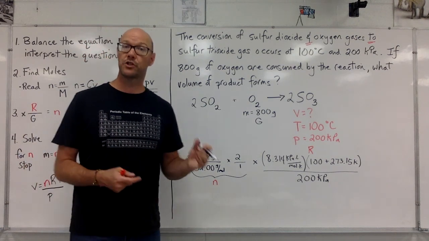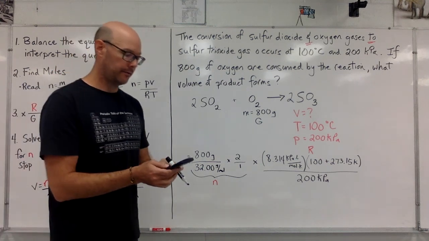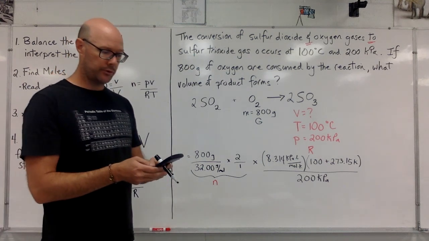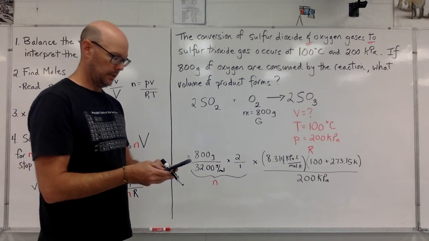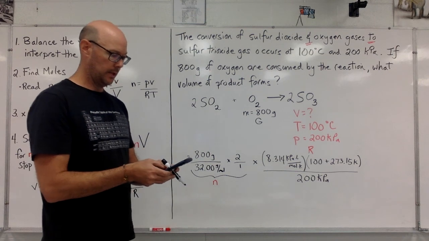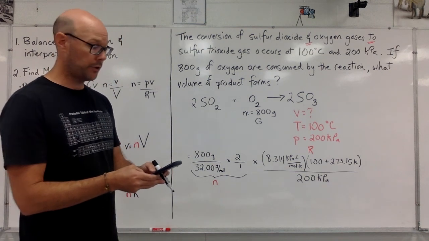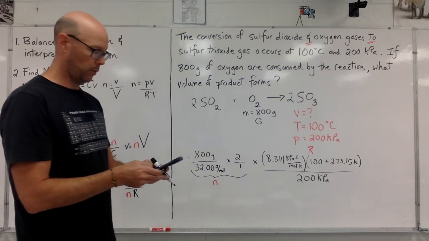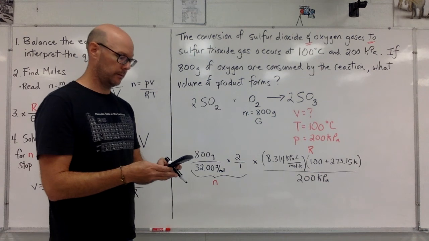And now there's so many buttons to push. We have 800 grams divided by the molar mass, 32, times 2 over 1, times 8.314, times 373.15. This is divided by 200.